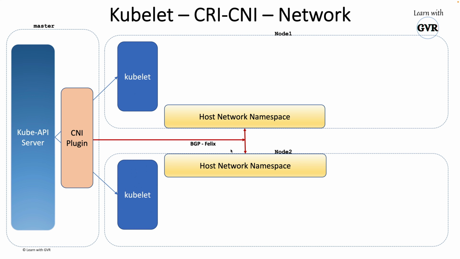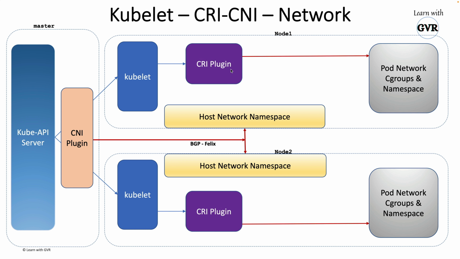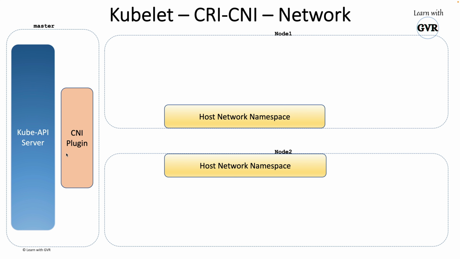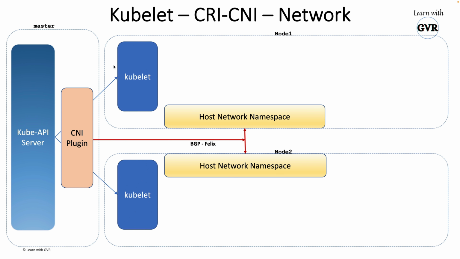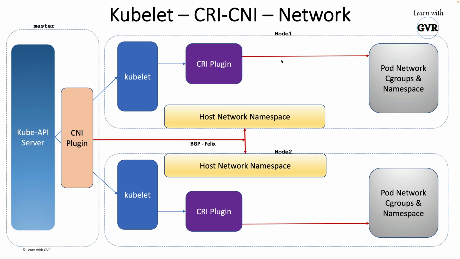Now the Kube API server will talk to the Kubelet. The Kubelet will trigger the CRI, and the CRI will create a pod network namespace with the cgroup as well as a namespace. Let's say you are creating one Nginx pod. The Nginx pod request comes from the Kube API server to the Kubelet, and from the Kubelet to the CRI. The CRI plugin means something like containerd. The containerd runtime will take care of this creation.